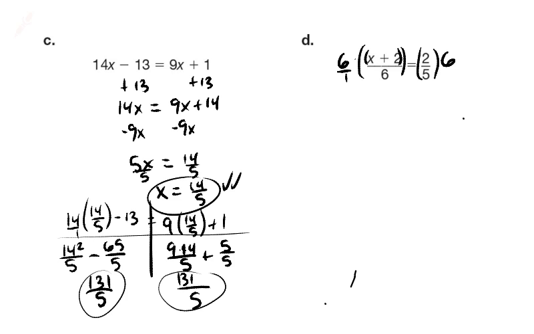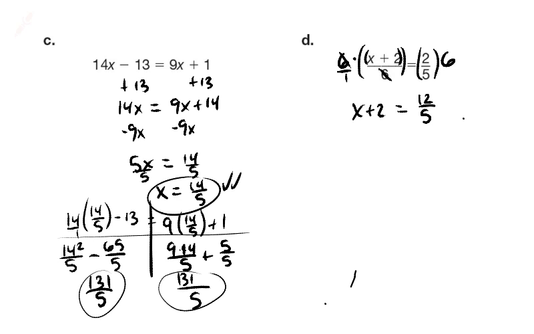Since this is multiplication of 6 times this value, I can cancel this common factor. That's why I chose to multiply by 6, because I knew it would eliminate this denominator. In my numerator, I have an x plus 2 left over, and that's going to equal 2 times 6 over 5. 2 times 6 is 12 over 5.